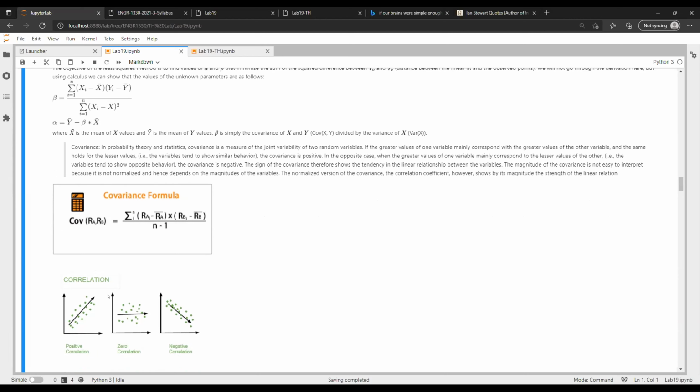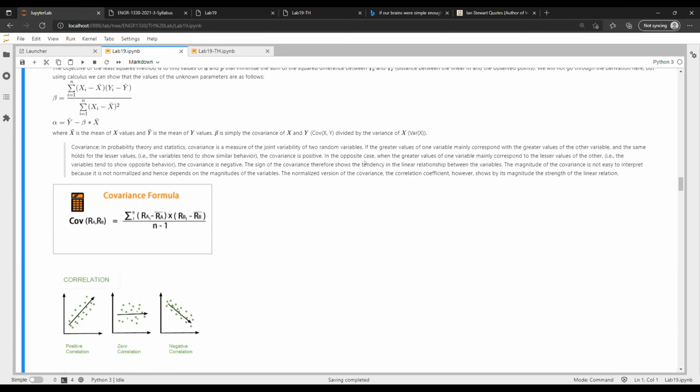So here we have some visualization of correlation. I'm going to read this definition for you. Hopefully that real-life example helped a little bit. In probability and statistics, covariance is a measure of the joint variability of 2 random variables. If the greater values of one variable mainly correspond with the greater values of the other variable, and the same holds for lesser values, i.e., the variables tend to show similar behavior, the covariance is positive.